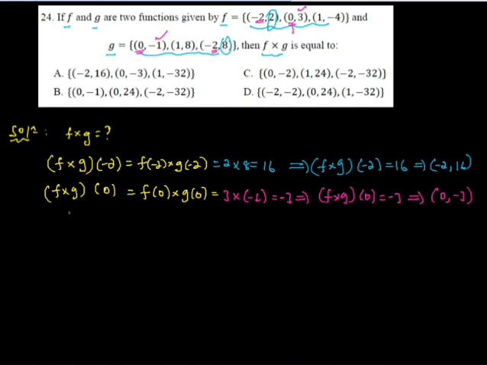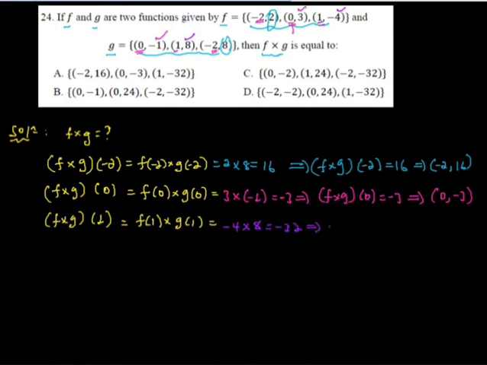Similarly, we can proceed with f times g at 1. So f times g at 1 means f of 1 times g of 1. What is f of 1? We can see here that when we put 1 in f, we get -4. -4 times g of 1: when we put 1 in g, we get 8. So the result will be -32.